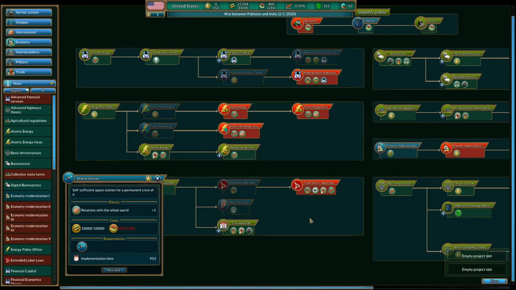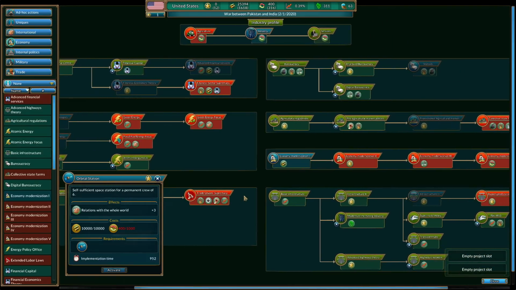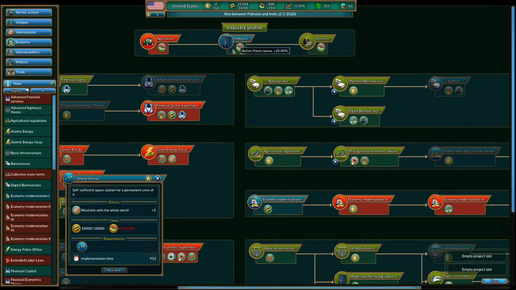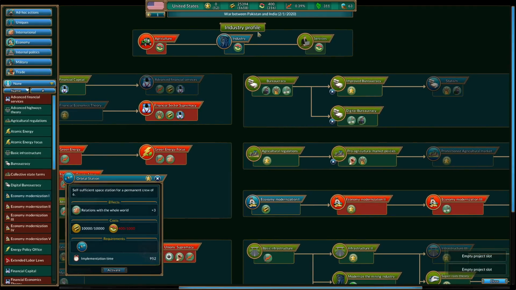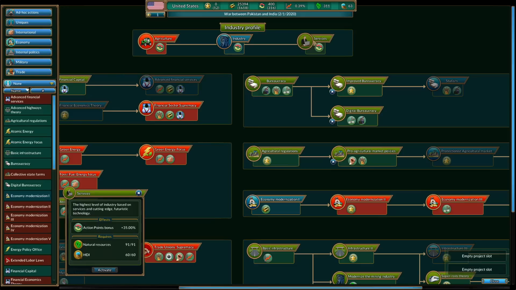There's some action points trickled in here and there and some population growth, but for the most part, it's focused on the GDP, money, stock exchange, the economy, especially at the top here, the industry profile being one of the most important parts of the economy research, where you have an agricultural society, an industrial society, and a service-based economy as well.